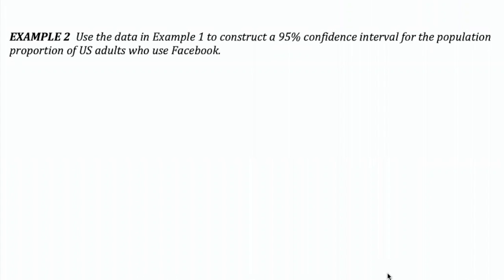So going back to example 1, let's construct a 95% confidence interval for the population proportion of US adults who use Facebook. So again, the difference here is we're constructing this interval for the population proportion, which is the letter P. So in our interval, that's what's in the center now. And again, remember it was P hat minus the margin of error and P hat plus the margin of error.